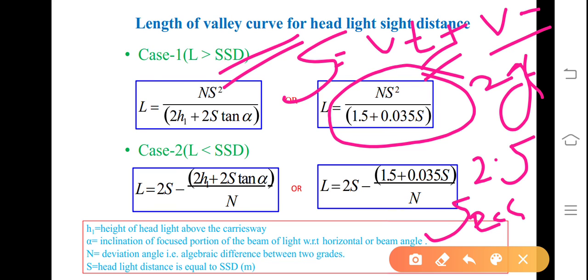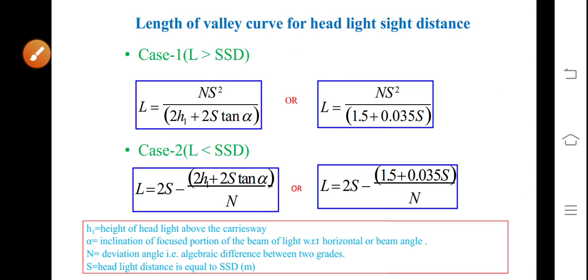The rest is known. V, the speed, will be given, so s can be calculated in 2 minutes. This formula is also very simple, but normally they give the stopping sight distance. Sometimes it will not be given. If it is asked for 4 marks, it will be given. If it is asked for 5 to 6 marks, it will not be given. You have to calculate it. Please remember the formula and the reaction time of the driver, 2.5 seconds, as the average value.